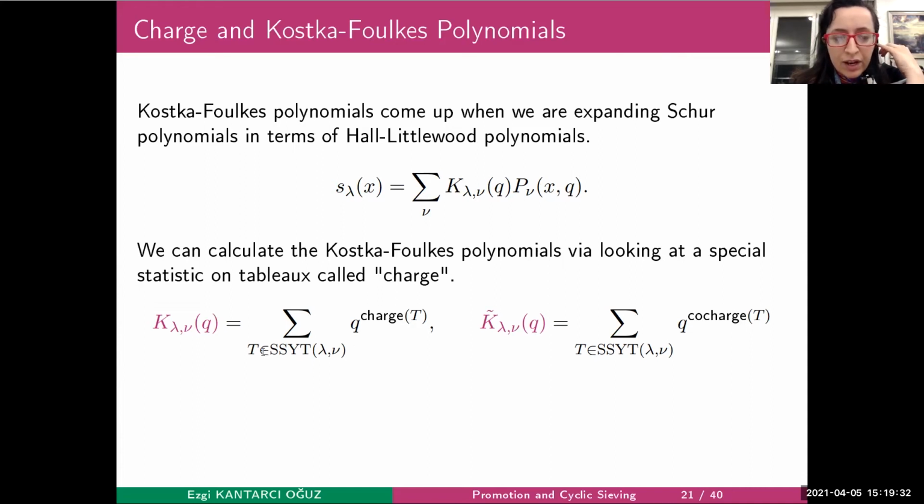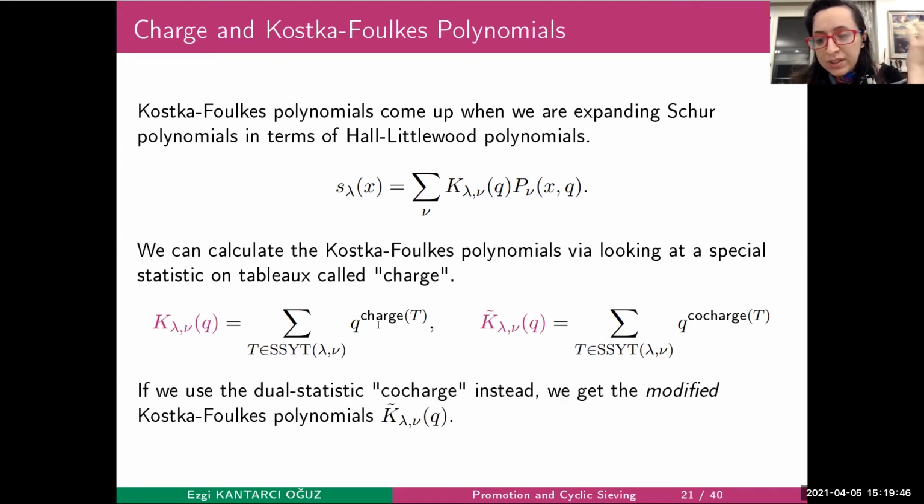And here we are looking at the semi-standard Young tableau of a fixed shape and a fixed weight, and we are looking at charge. And if instead of charge, we look at cocharge, it's a dual statistic, we call the polynomial we get the modified Kostka-Foulkes polynomial. And we can just work with one or the other because the sum of charge and cocharge is a constant. So knowing one is also knowing the other polynomial, whichever gives us the nicer numbers.